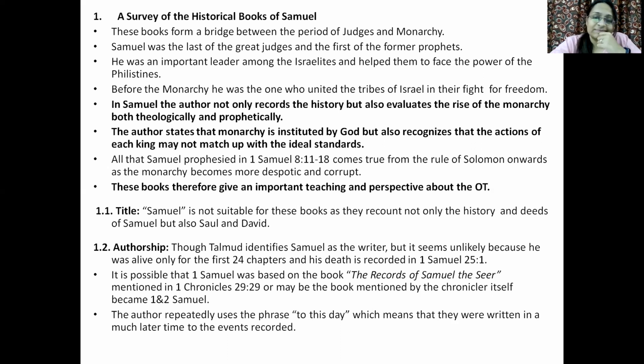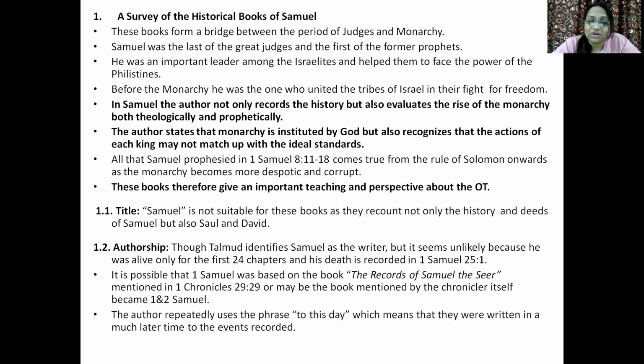There was a book at that time, which was read, known as the records of Samuel the seer. Probably it was the foundation according to which this book was written and completed, and it is mentioned in First Chronicles chapter 29 verse 29, or it may be that the chronicler itself became First Samuel and Second Samuel completely, as a whole book.